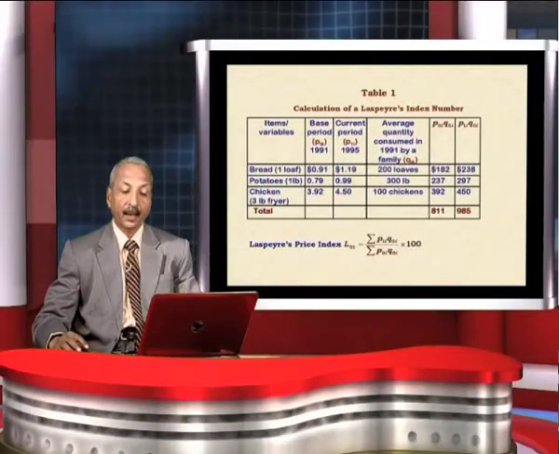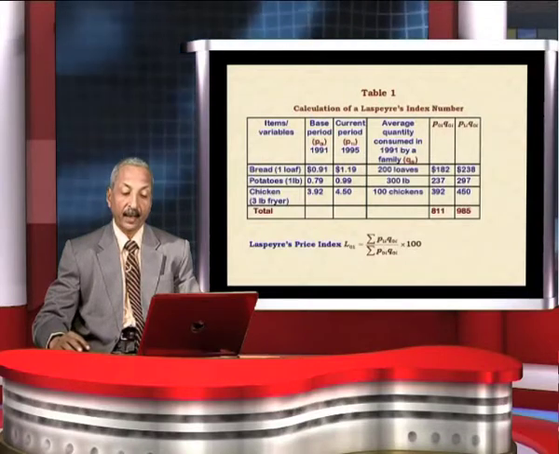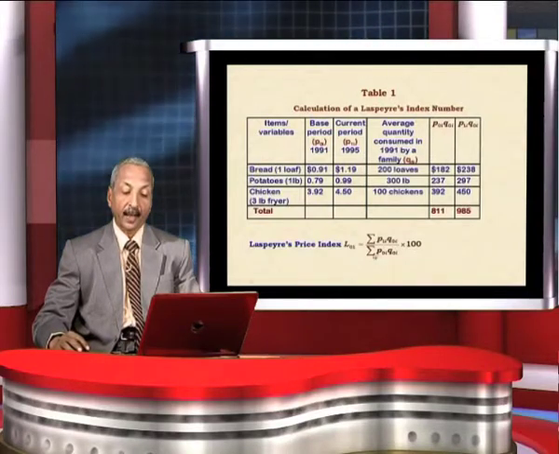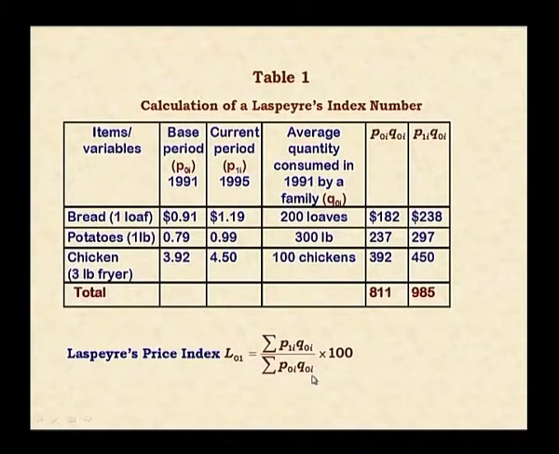So, substituting the values of sigma P1i Q0i and sigma P0i Q0i as 985 and 811 gives me the value of the Laspeyres price index number.